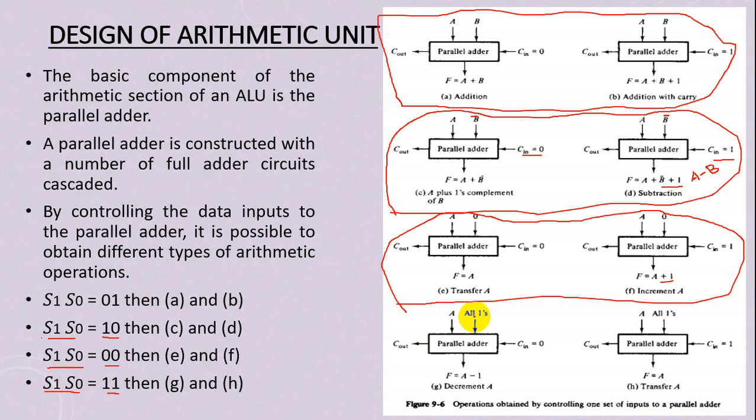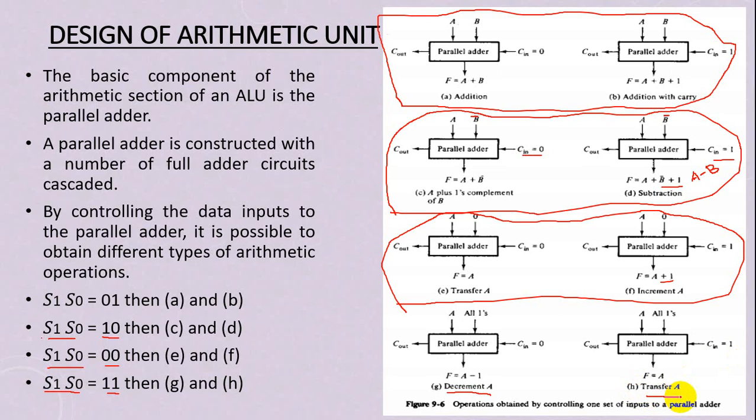You can use your calculator, and if you add A plus all 1, your result will be A minus 1. So it is the decrement A operation when carry equal to 0. And when carry in equal to 1, this minus 1 plus 1 get cancelled, it becomes transfer of A.